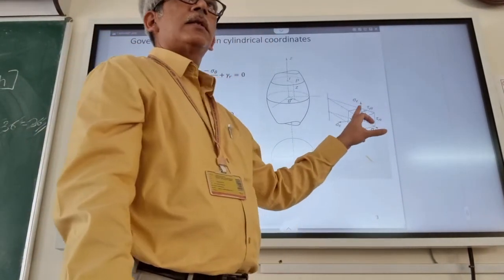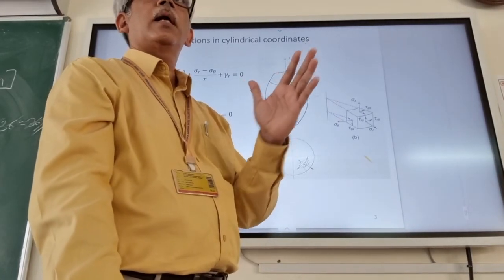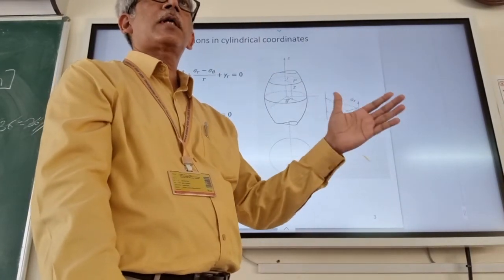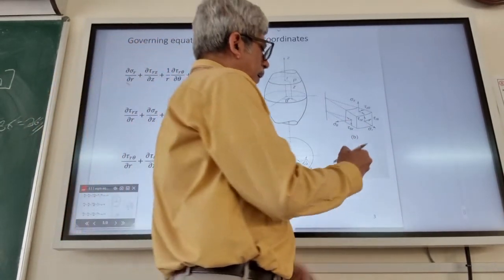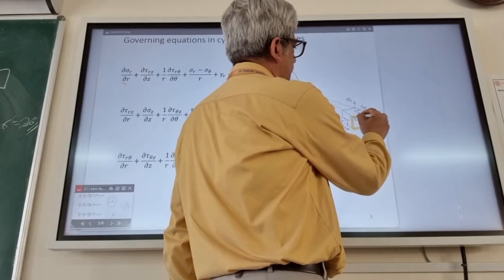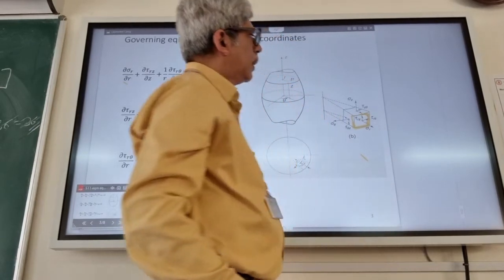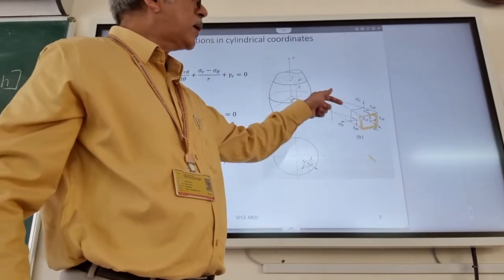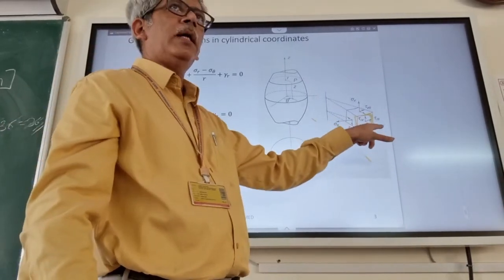So in this case, the faces are defined in the same manner. In cylindrical, we have the x face, y face, z face corresponding to the orientation of the normal to that particular face. So if we take this particular face, it has a normal in the radial direction. So this is the R plane.